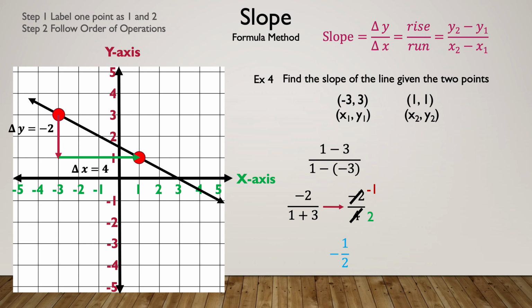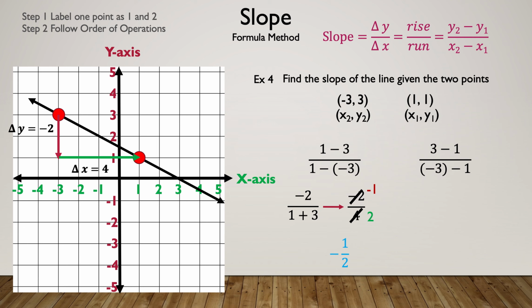Now let's flip-flop our points and make (-3, 3) point 2 and (1, 1) point 1. Let's substitute. We get 3 for y2, 1 for y1, negative 3 for x2, and remember the parentheses for the negative number, and lastly 1 for x1.